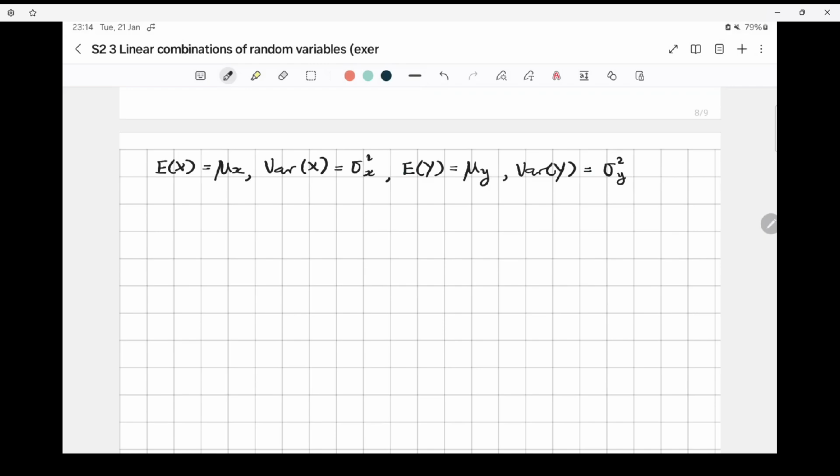So if you are given these types of statistical measures, essentially the formula that you need to remember is as follows.